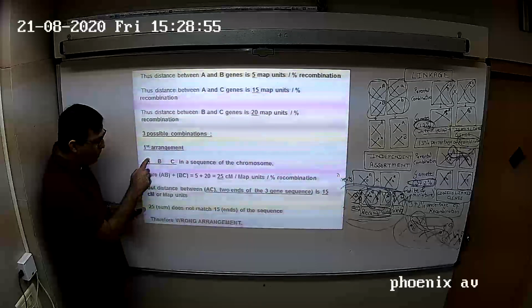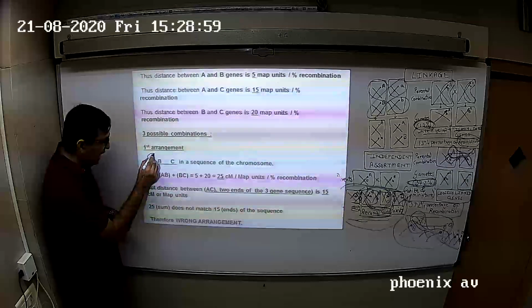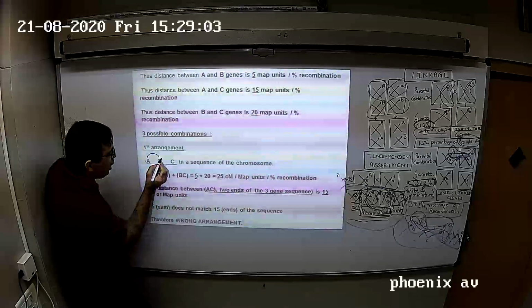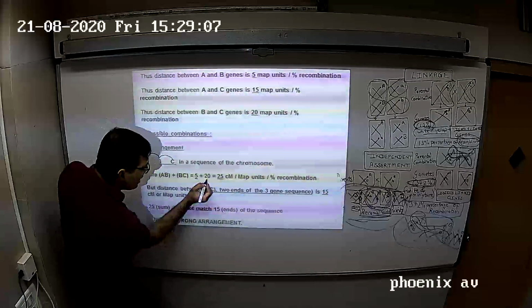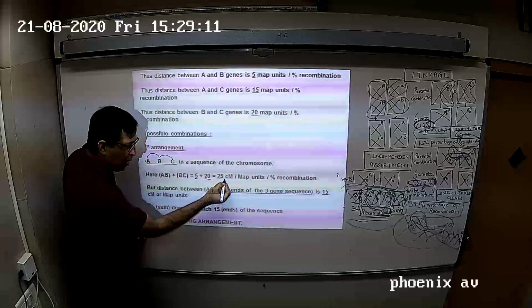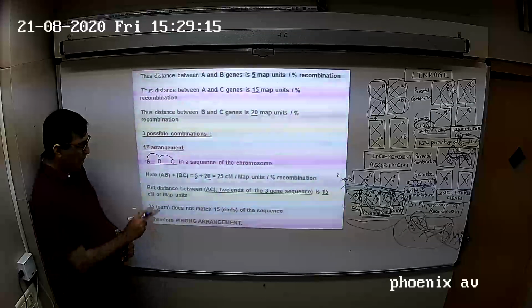Now, how much distance is there between A and B? The distance between A and B is 5 map units. How much is the distance between B and C? The distance between B and C is 20 map units. So, how much is the total distance? 25 centimorgan or map units or percentage recombination.